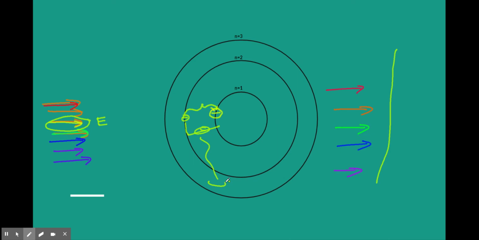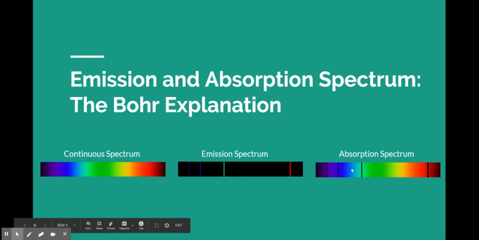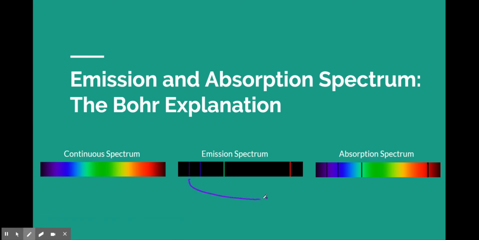So if we go back and take a look at the absorption spectrum, you'll notice that every one of the lines in the emission spectrum, all the lines that are emitted when an electron transitions from high to low, are exactly the ones that are absorbed in the absorption spectrum. So there's my violet, there's that one, there's this.